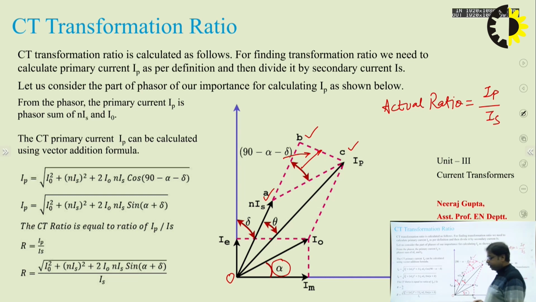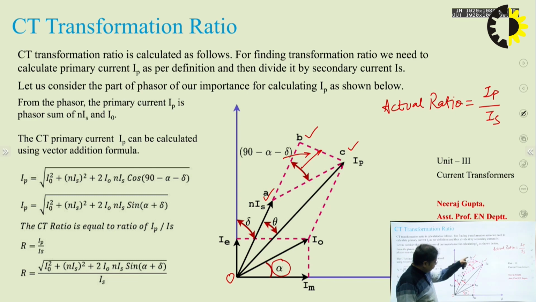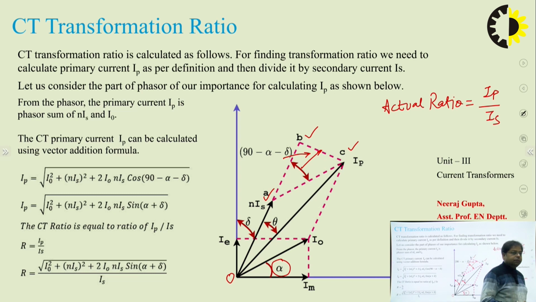There are two lines which are components of this OB, that is OA plus AB. Similarly, consider this IP also here. If we talk about the transformation ratio, or the actual ratio, for finding it we need to calculate the primary current as per the definition and then divide it by the secondary current.